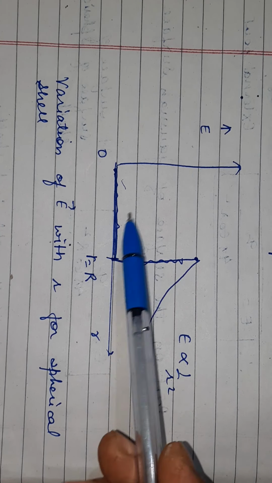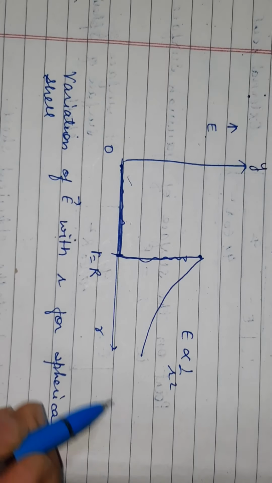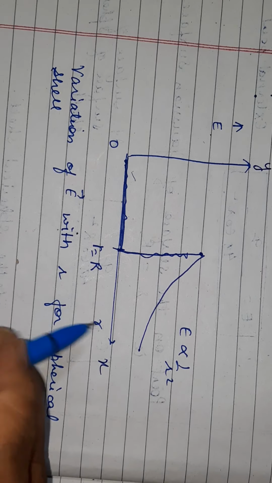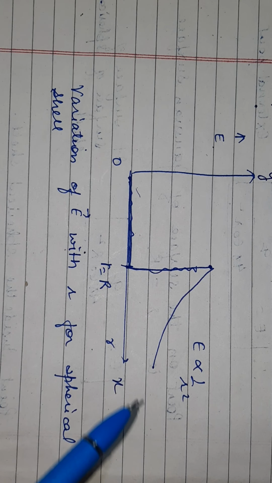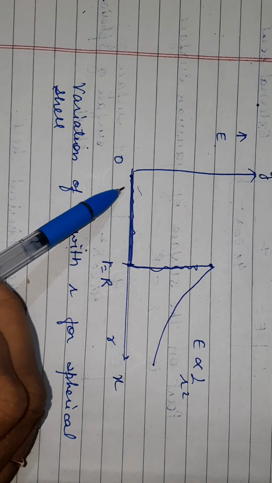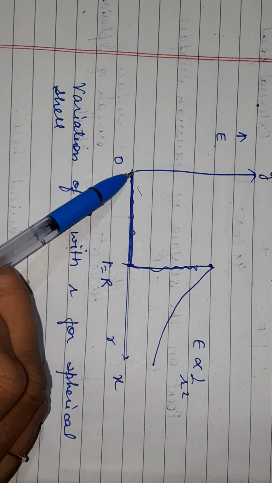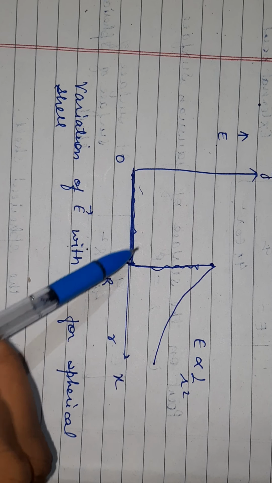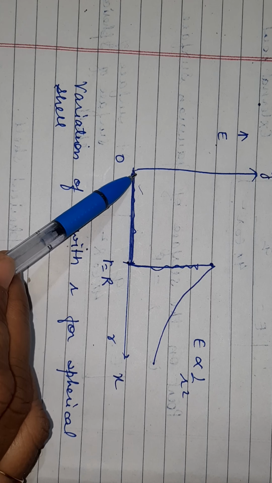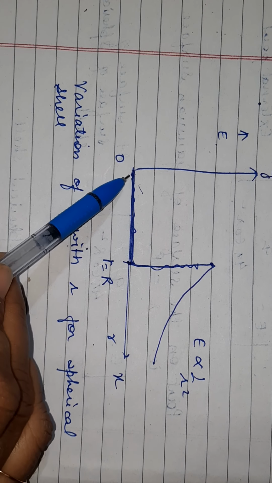Here you can see that on the y-axis I have taken the electric field, and on the x-axis I have taken the distance r. You can see that the electric field remains 0 inside the shell. This region is showing that the electric field is 0 if the point lies inside the shell.